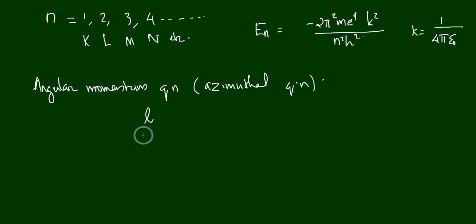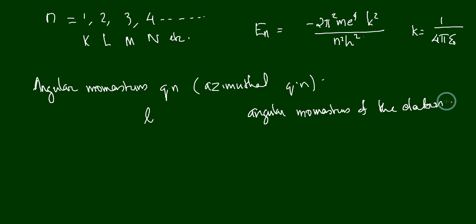This quantum number determines the angular momentum of the electron. It also determines the shape of the orbital in which the electron is located.